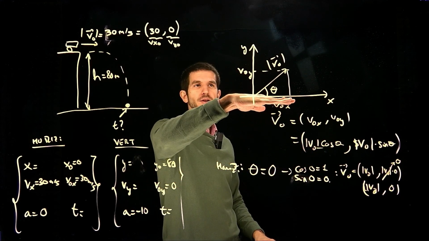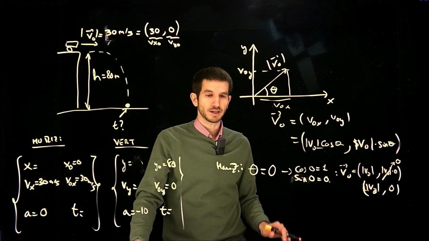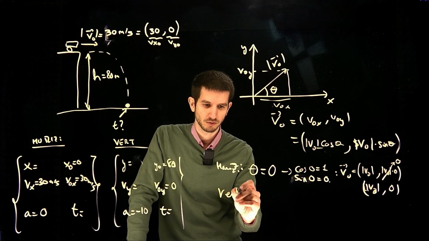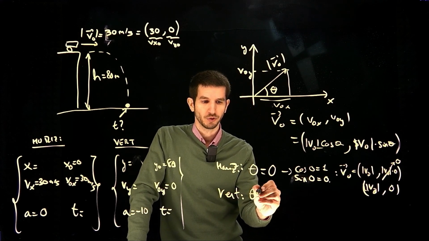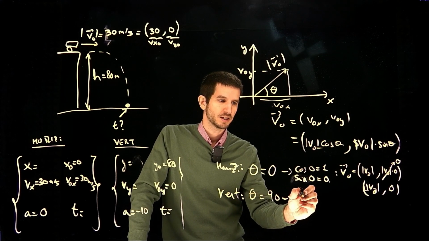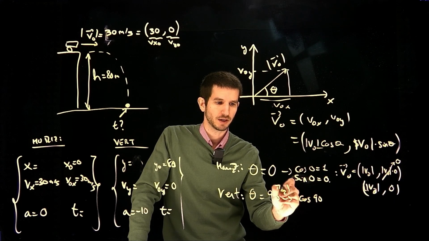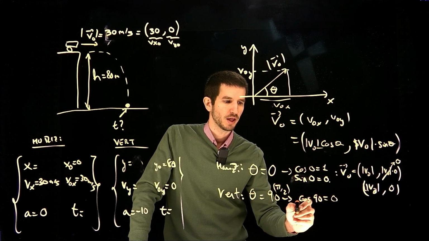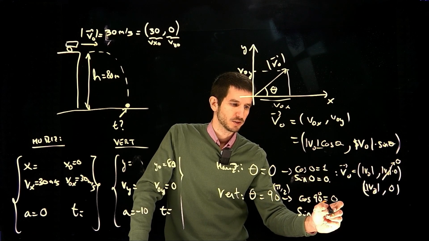And what about the other extreme scenario when this is completely vertical? When it's completely vertical, what we find is that for the motion in the horizontal component, the cosine of 90 degrees, which is of course pi halves if you make it in radians, is going to be 0, and the sine of 90 degrees is of course 1.